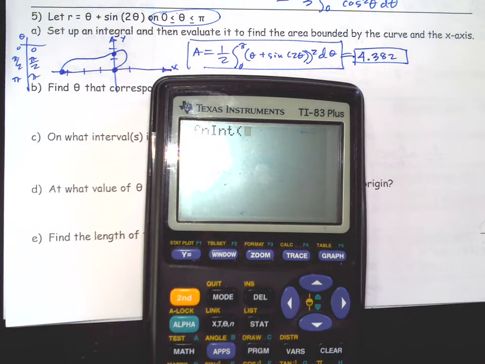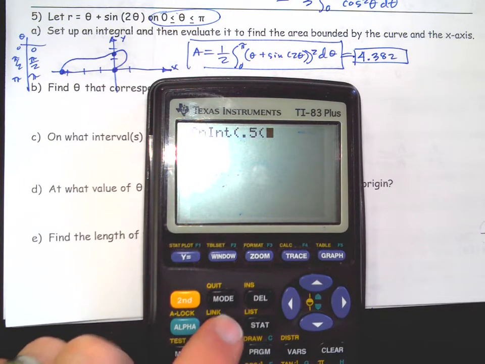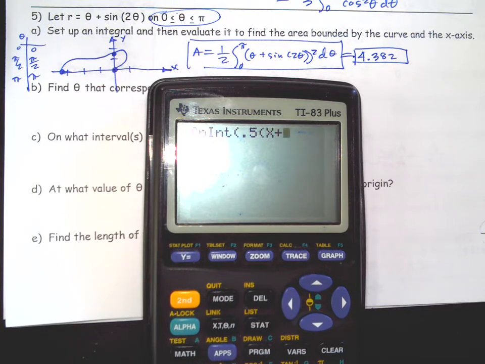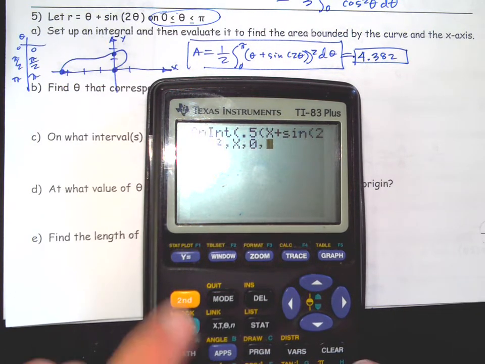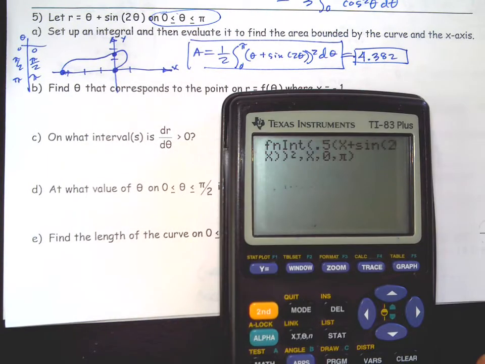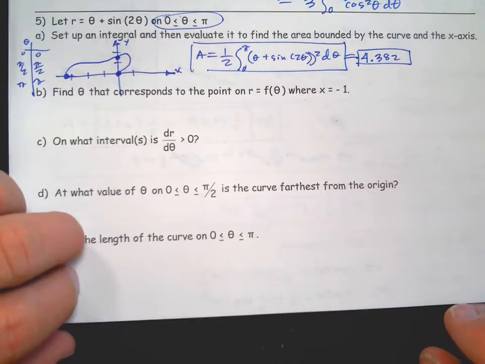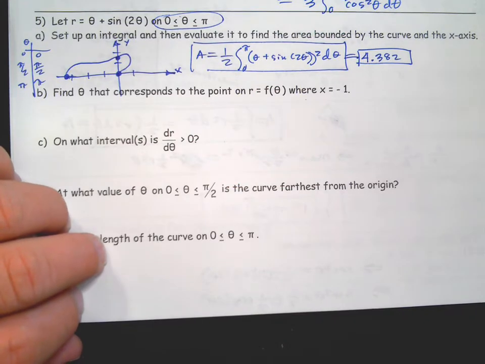Math 9, fnInt, parentheses, 0.5, don't forget the 0.5, times parentheses x plus sine 2x, close, squared, comma, x, comma, 0, comma, pi. That gives 4.382.